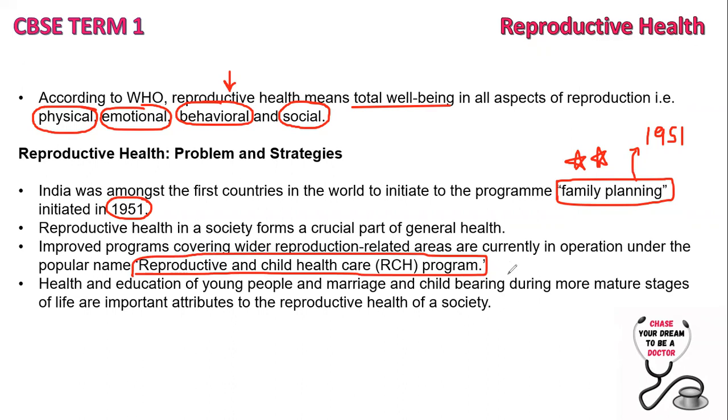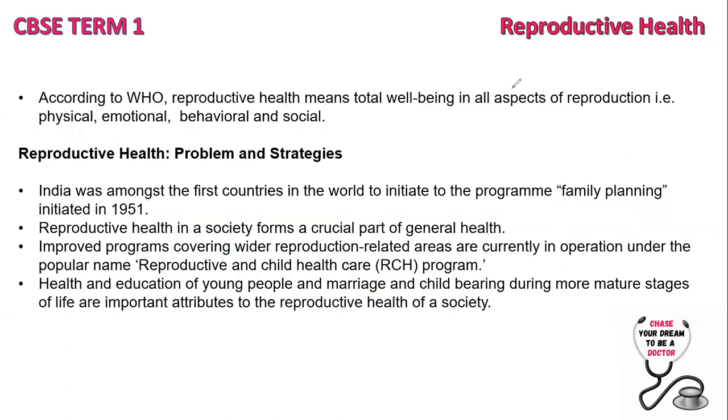The family planning program is in 1951, and the RCH program came after that. What is RCH? Reproductive and Child Health Care Program. The health and education of young people, marriage and childbearing at mature stages are the major attributes of a reproductively healthy society.